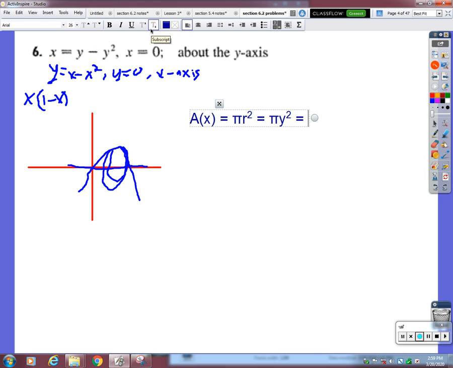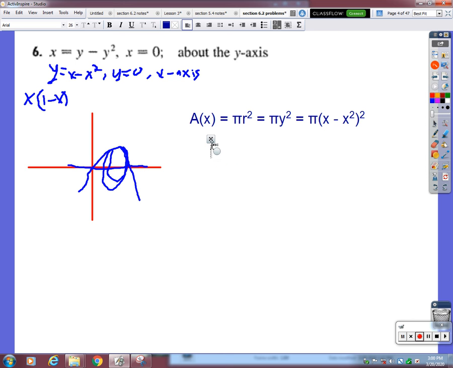And since our equation we figured out is y equals x minus x squared, we have to figure out what pi times (x minus x squared) squared is. So let's do that.